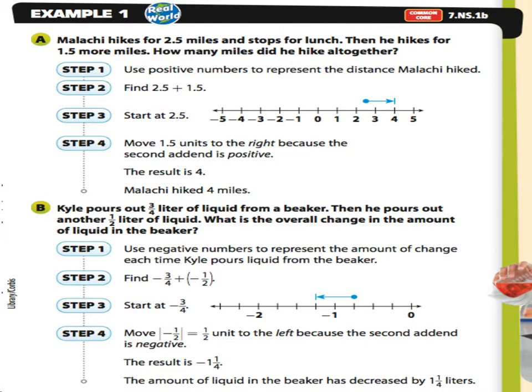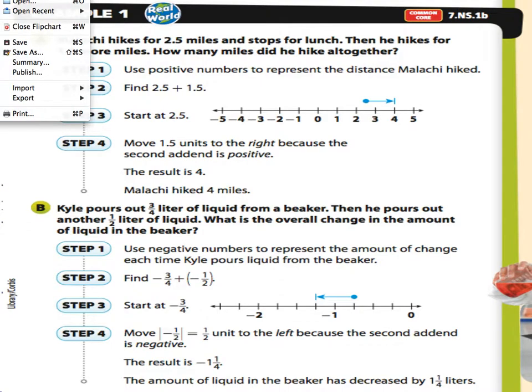adding rational numbers. So the rules still apply. So you have to remember that, and actually we'll pull this up real quick again. Okay, so adding same sign, you add and keep.